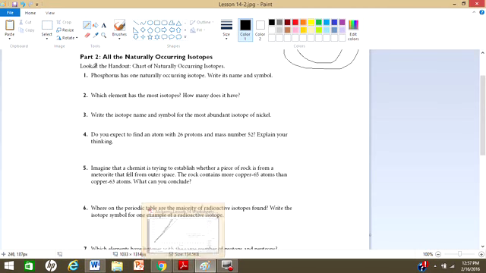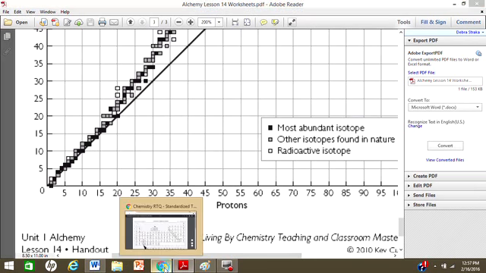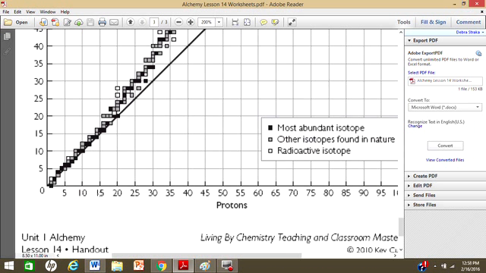Yeah, I do. Okay, so when we look at the chart, they have phosphorus has 1 naturally occurring isotope. Write its name and symbol. Now, when you look at the chart, there's no names on here, just numbers of protons. So we really have to go to the periodic table, find phosphorus, which is here. It has 15 protons. So we come across here, here's 15.